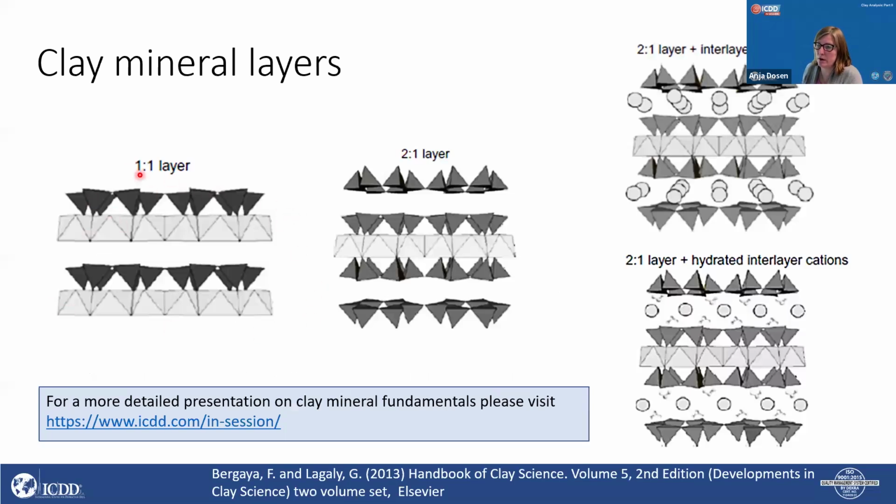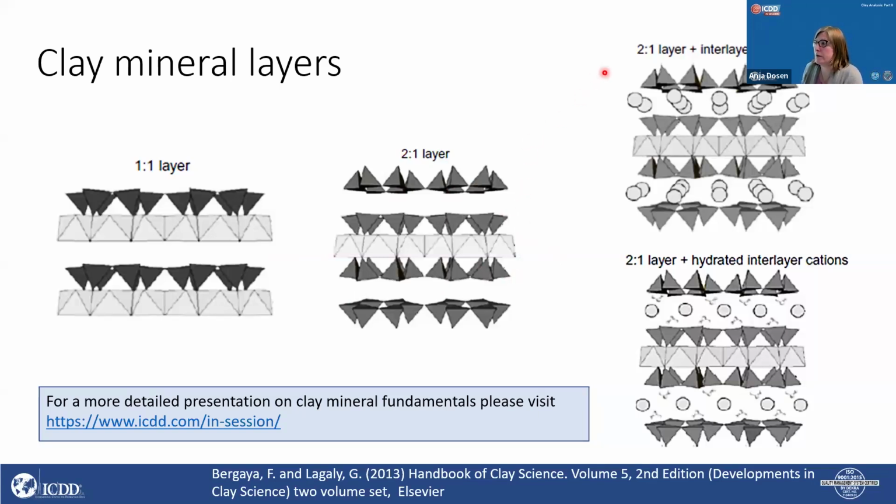We have 1-to-1 clay minerals that are also called TO. So this is a tetrahedral sheet, and this is an octahedral sheet, and this here is the interlayer spacing. If we have 2-to-1 layers, then we have TOT. So tetrahedral, octahedral, tetrahedral, and then this here is the interlayer spacing.